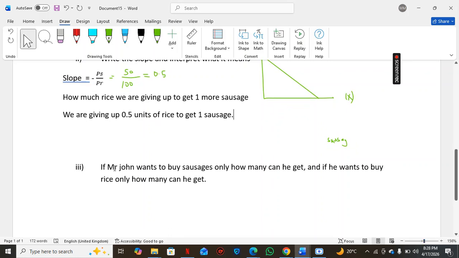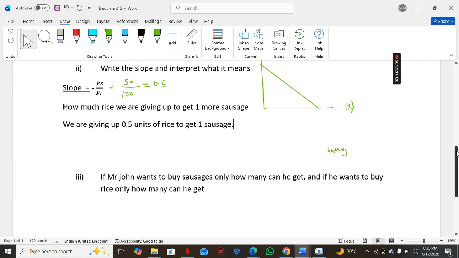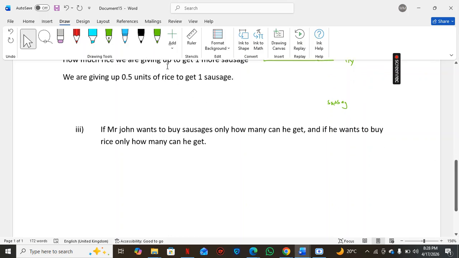So if Mr. John wants to buy sausages only, how many can he get? And if he wants to buy rice only, how many can he get? Okay, so colleagues, here what we're talking about basically are the intercepts of the budget constraint line. An intercept, colleagues, is just where a line cuts an axis.